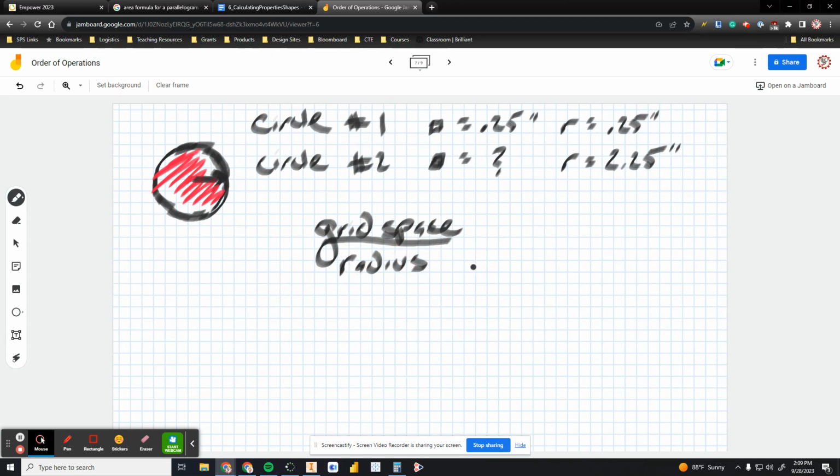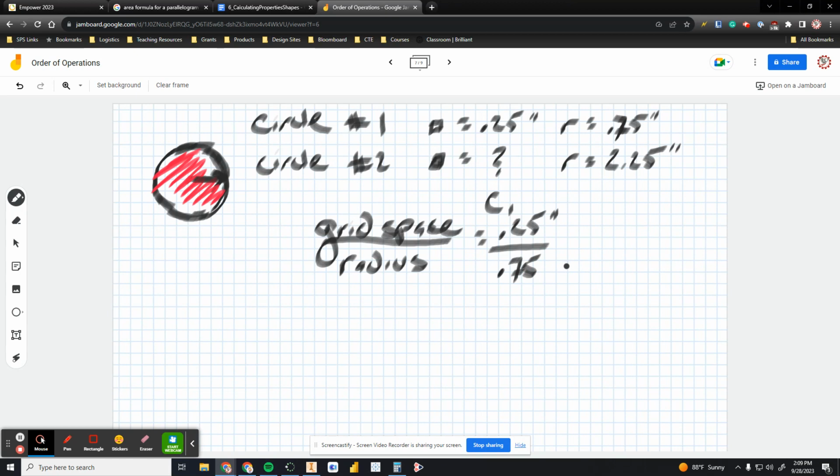For circle number 1, I'm just going to call it C1, we had our grid space, which was 0.25 inches. And our radius was, oops, 0.75 inches. My bad. Okay, our radius was 0.75 inches.